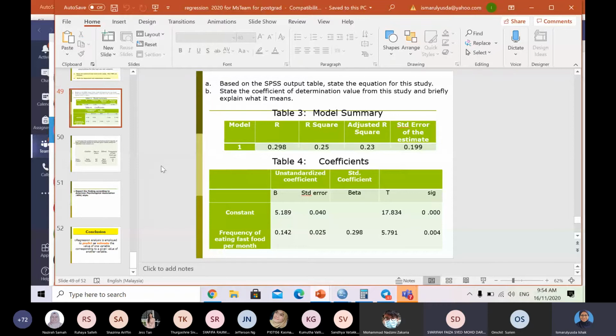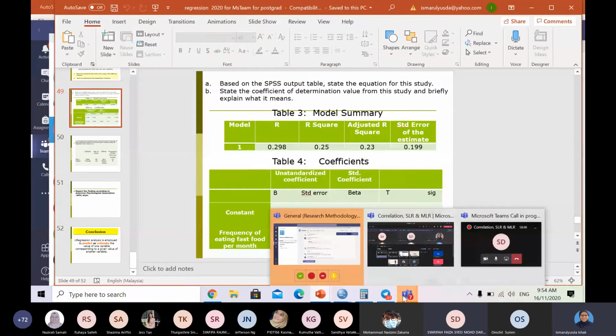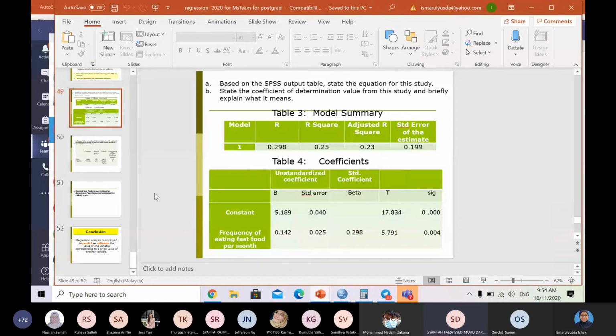But if you requested us for the population, we can still calculate from this table, right? Because you are giving us the standard error of the estimate. For the population, if I give you the error, then yes, you can calculate rho.